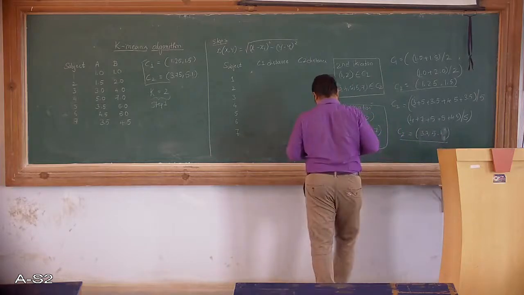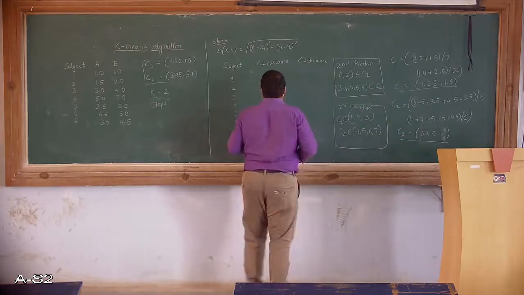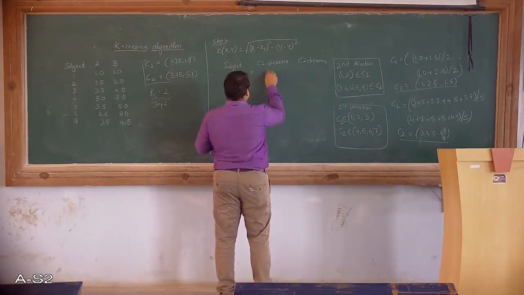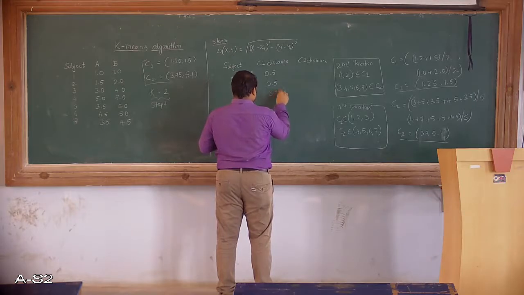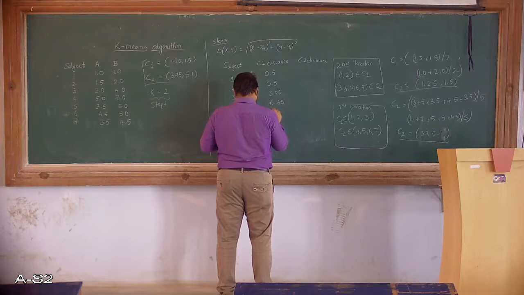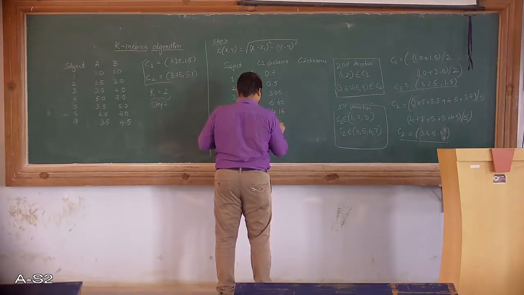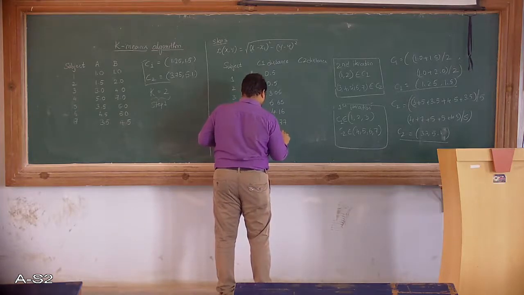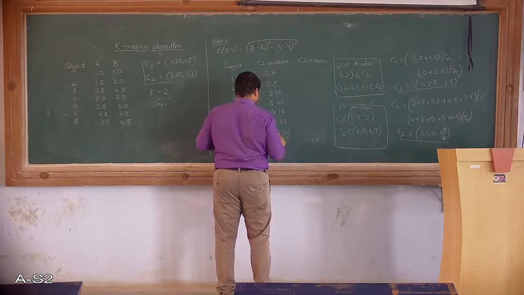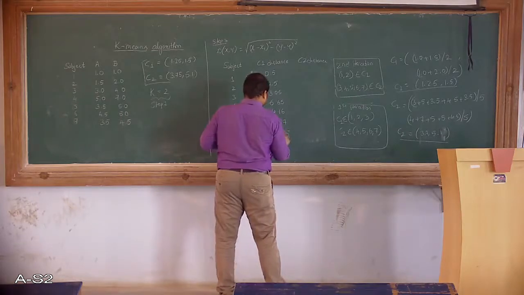So now, for the C1 distance here, I will be getting 0.5, 0.5, 3.05, 6.65, 4.16, 4.77, 3.75.